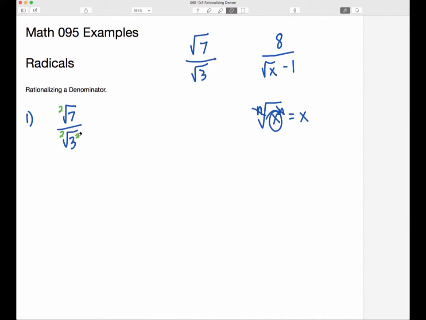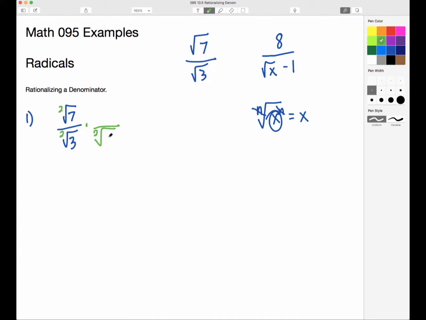So what we do is we always multiply our fraction here by something so that we get a perfect square on this denominator. So in this case, I need to have two 3's, so I need to multiply by an extra square root of 3, because now I will have 3 times 3, which is 3 squared.